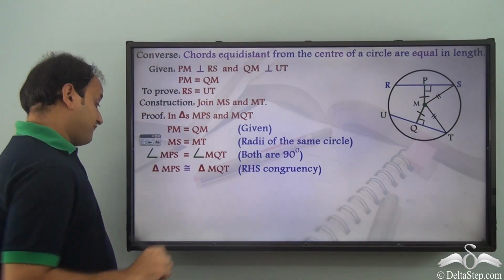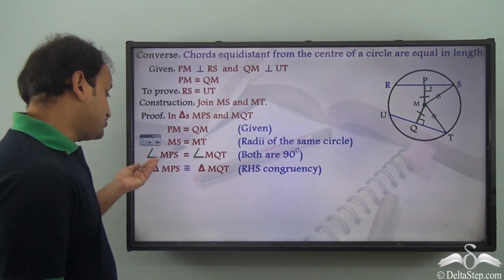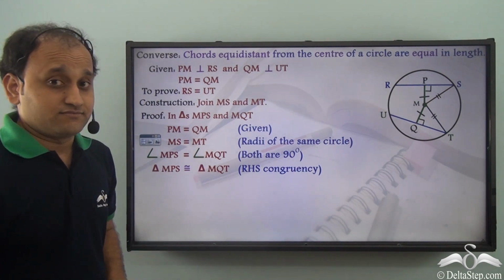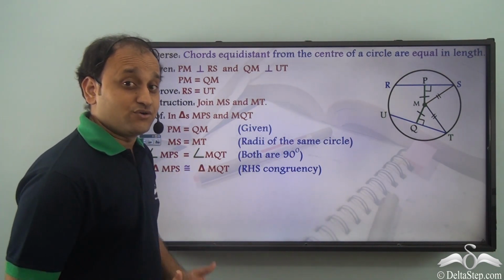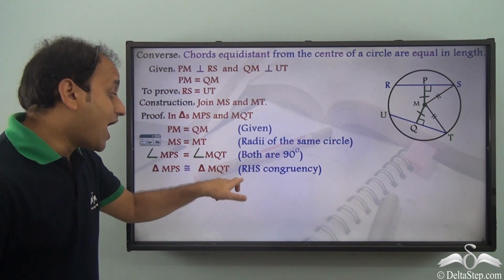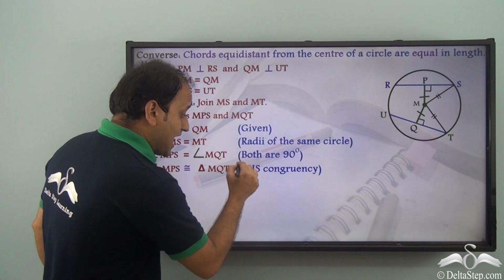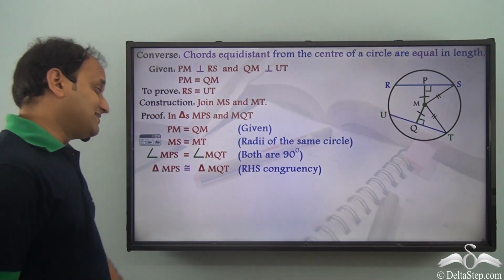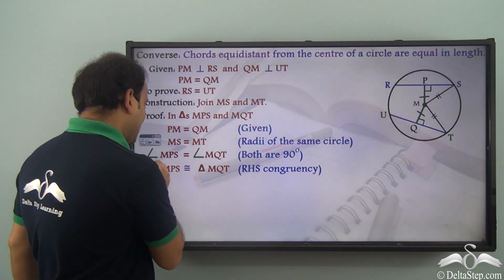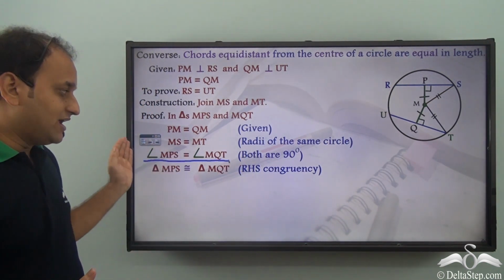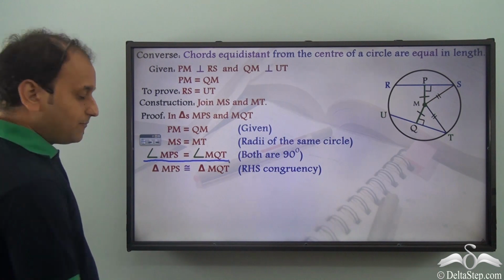Now, from this we can say that triangle MPS is congruent to triangle MQT. What is the axiom which we are using? Well, RHS congruency. Right angle, hypotenuse and side. Right angle, triangle MPS and MQT are right angled, so they are equal. First criteria.